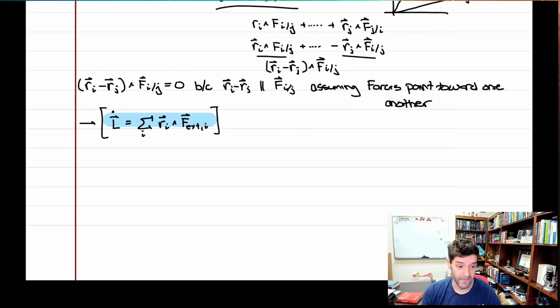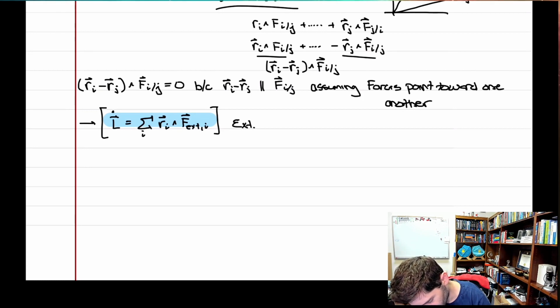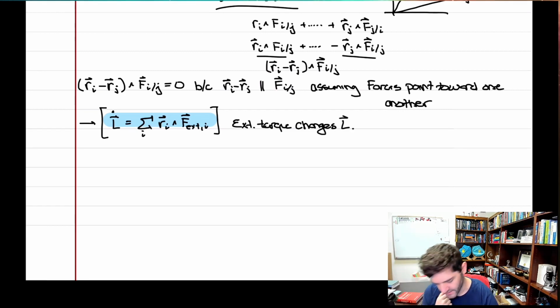So we might call that sum on the right the net external torque. Since torque is a position crossed with a force, that looks like the sum of a bunch of torques. So external torque changes the angular momentum of the system.